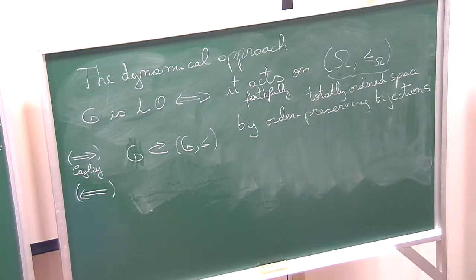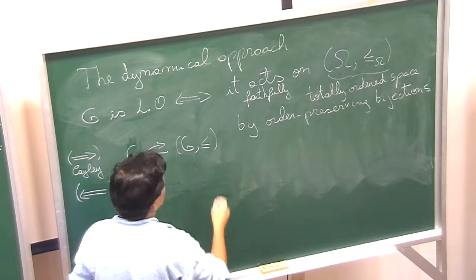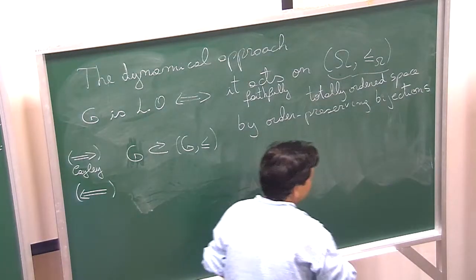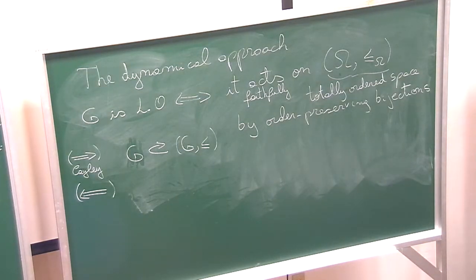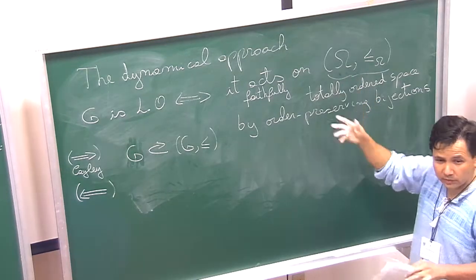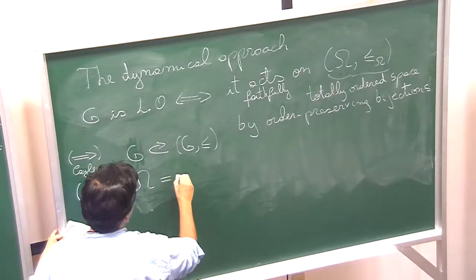Is it okay? So the other way around maybe requires the axiom of choice, but we don't care about this kind of thing. So let me give the idea whenever Gamma is countable. The idea is the same if it is uncountable.